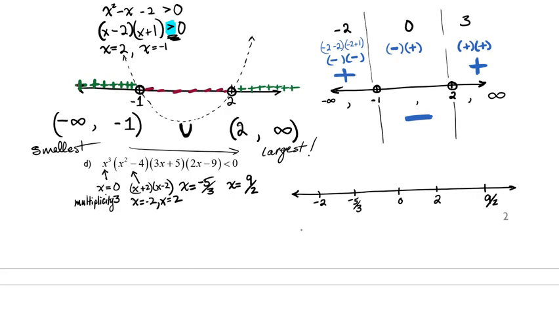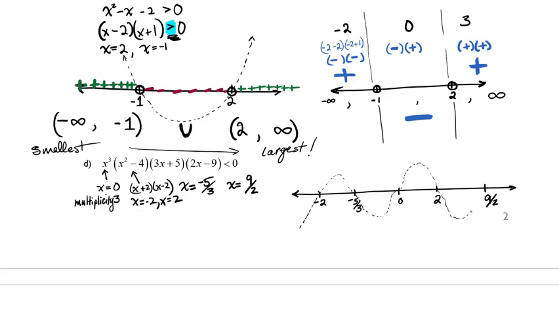It's odd. It's going to come in from the bottom left. At -2, it will cross over. At -5/3, it will cross over. At 0, it's going to flatten out and then cross over. At 2, it's going to cross over again.